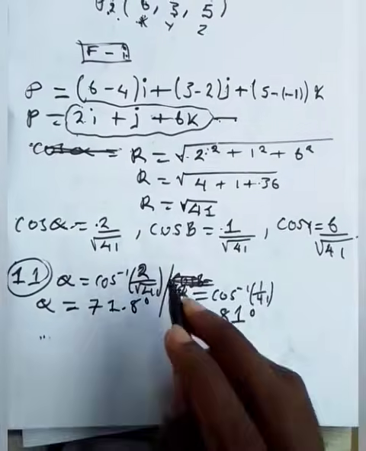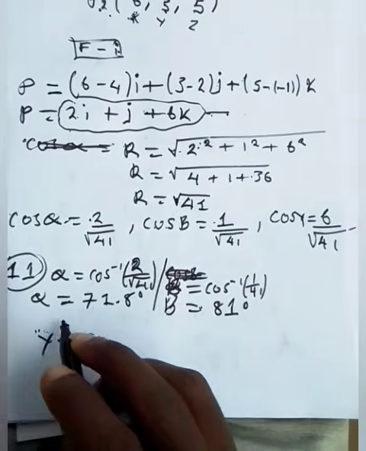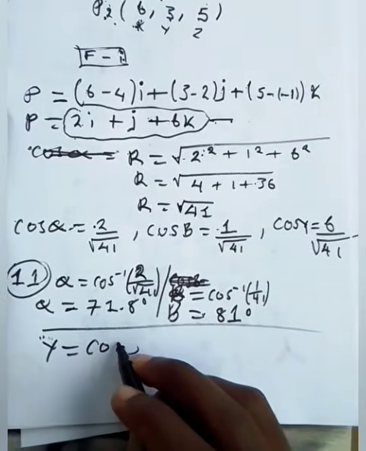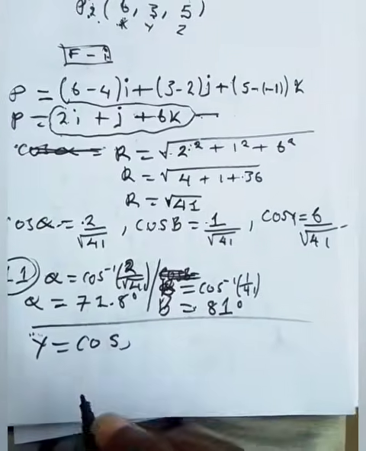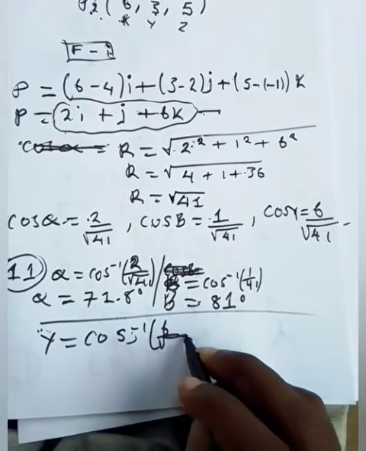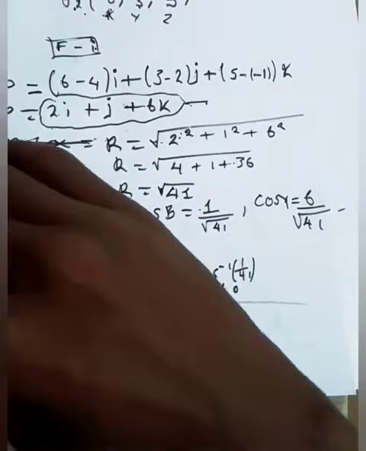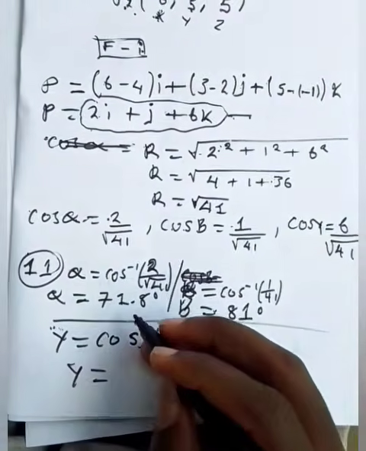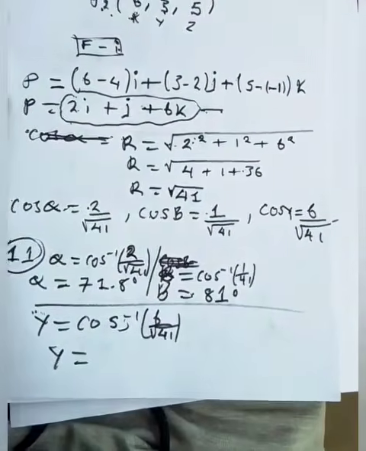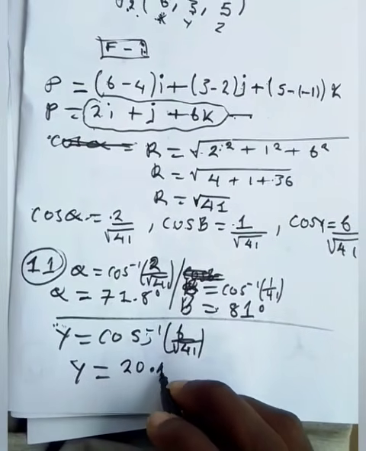So we come to gamma. If you make it the subject of the formula, it's going to be cos inverse of 6 over square root of 41. So gamma is going to give you 20.4 degrees.